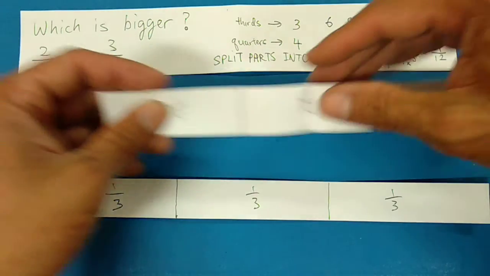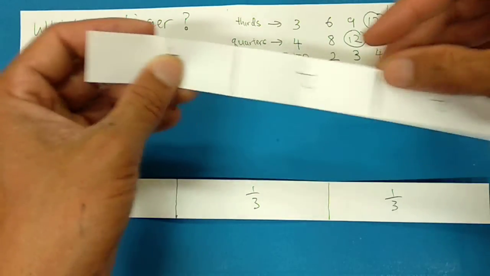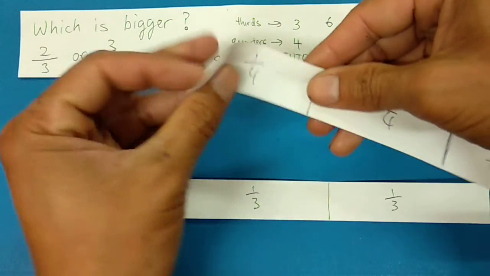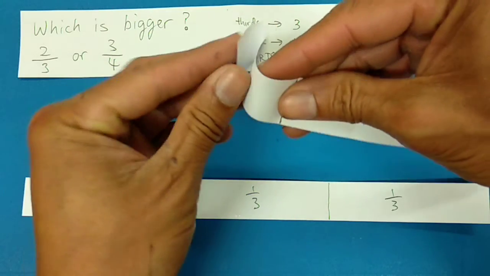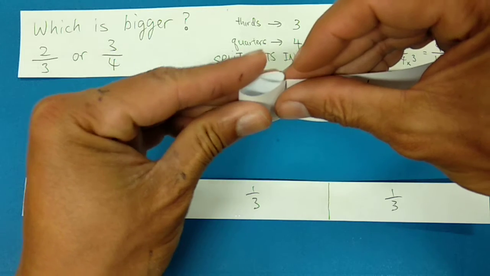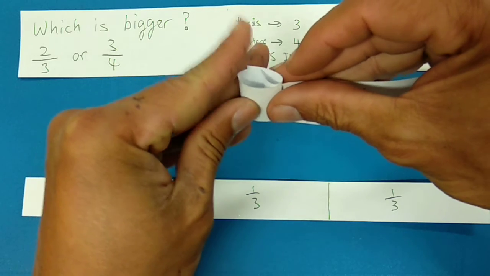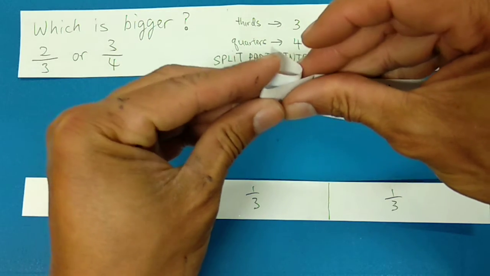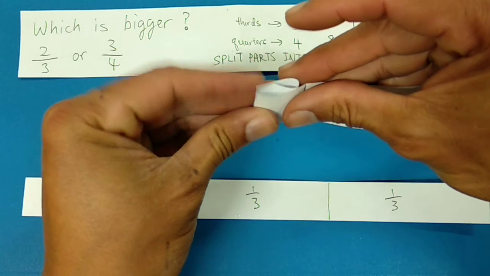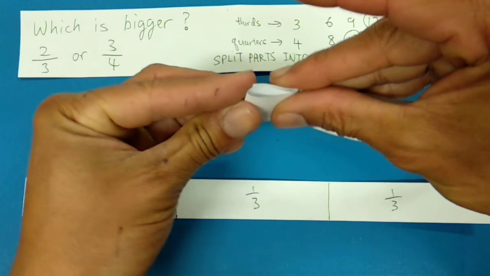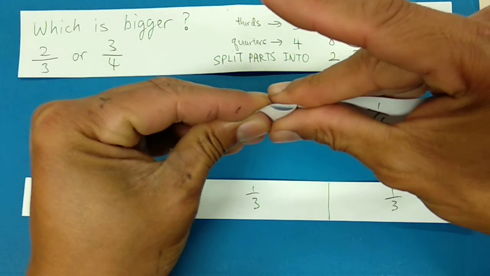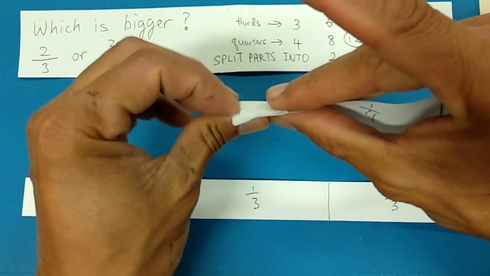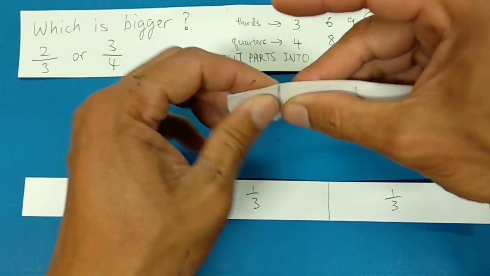I'm going to fold each of the quarters into 3 smaller parts. I apologize. Okay, so we're going to fold each of these into 3 smaller parts. All right.